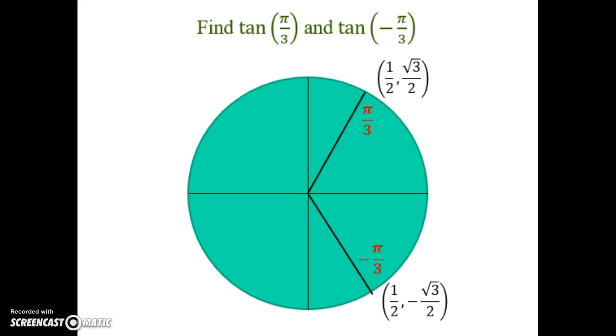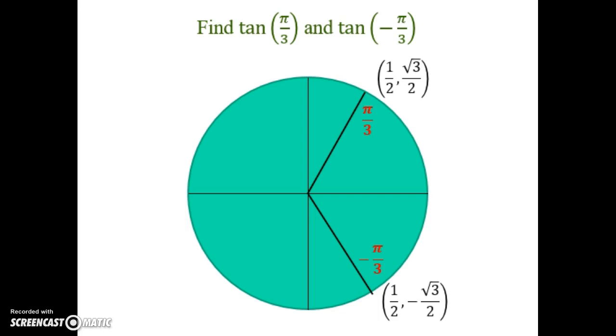Now let's lastly take a look at tangent. Same angle measures. We'll look at the tangent of pi over 3 and the tangent of negative pi over 3. And we can guess, because sine is involved in this process, and sine changes its sign, that since tangent involves sine, tangent also is going to wind up being an odd function.